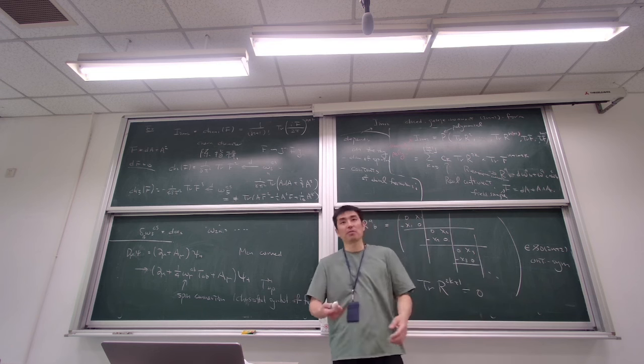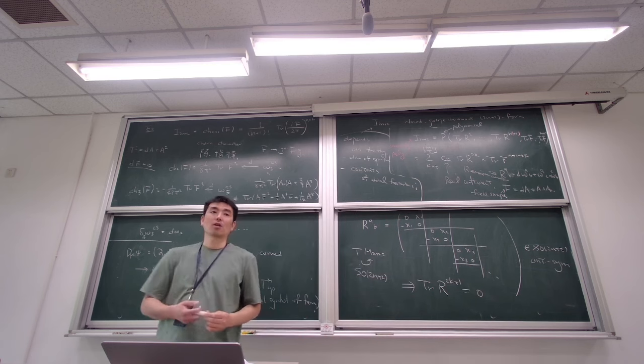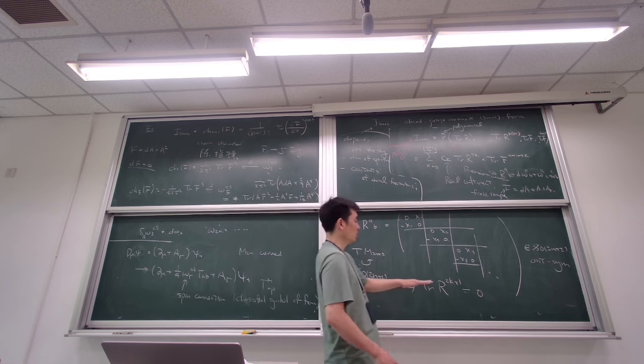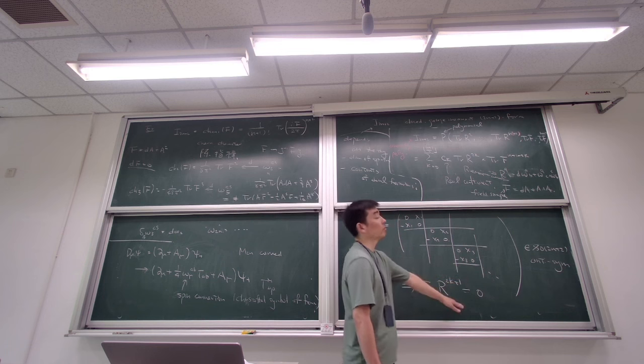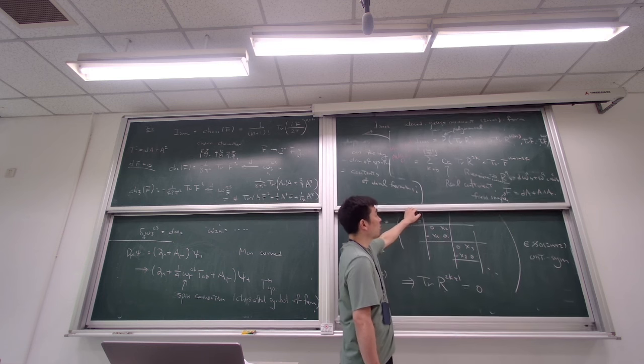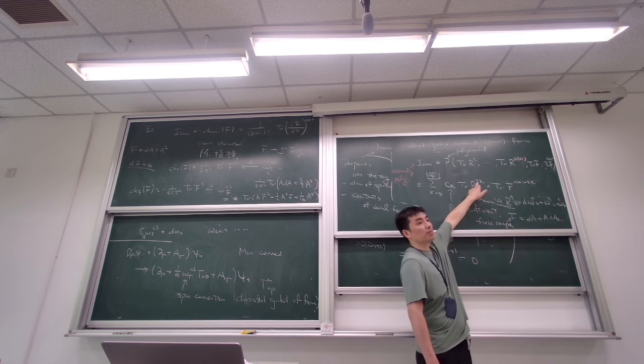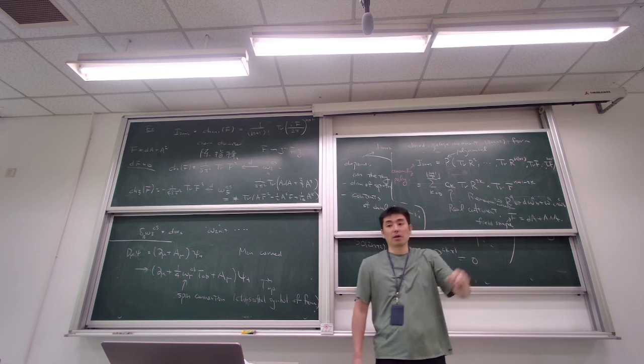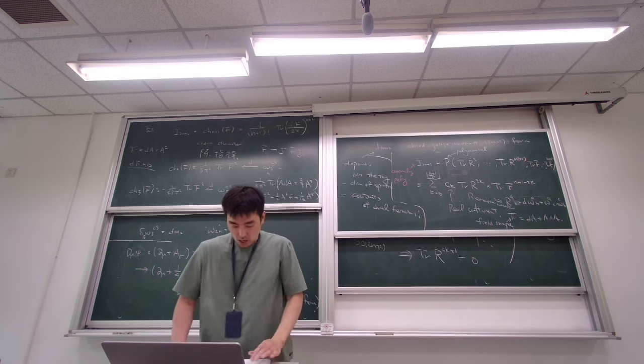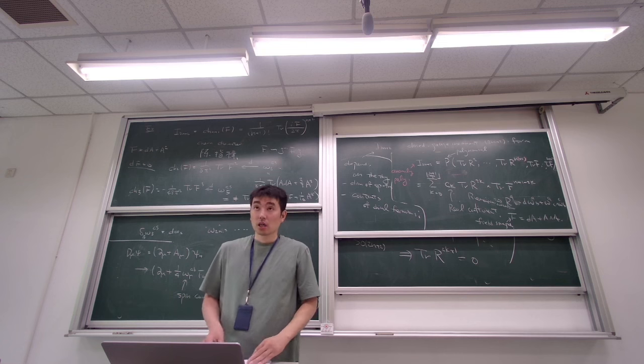The same thing happens once you multiply an odd number of times. So trace of R to the odd power is always 0. That's why I only include the even powers here.